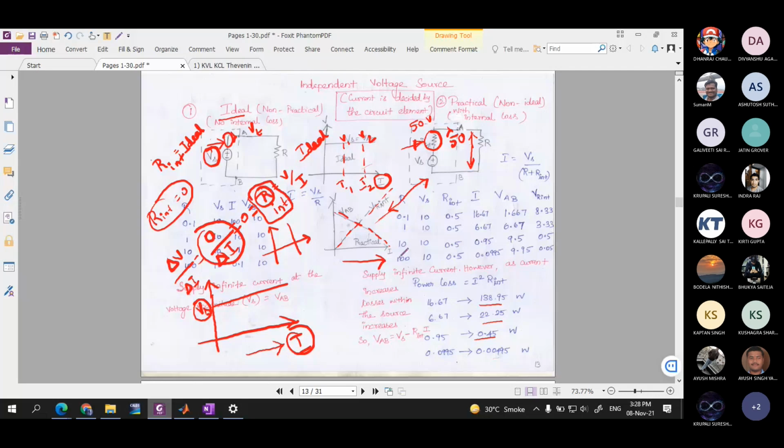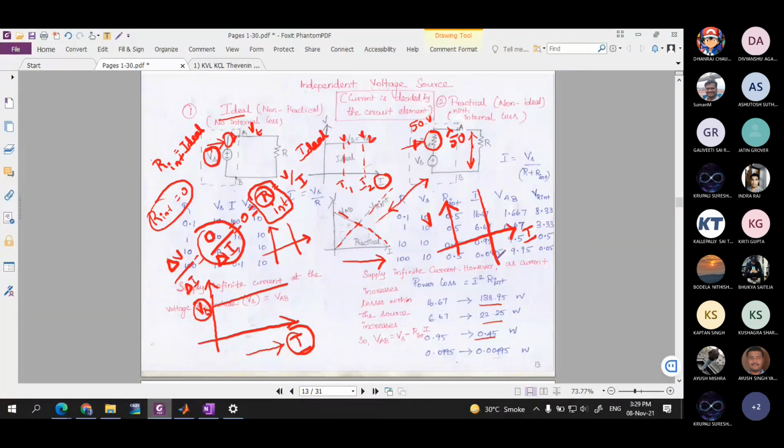Similarly, for the current source, if you take I and V like this, then I will be constant and voltage will be varying.